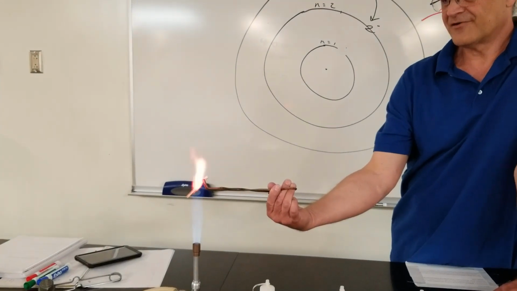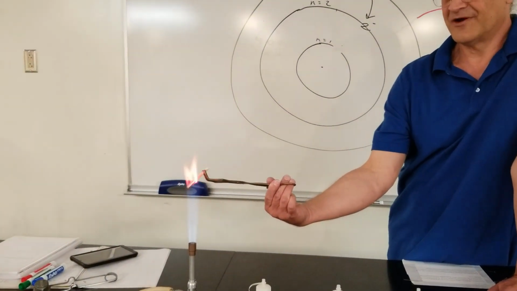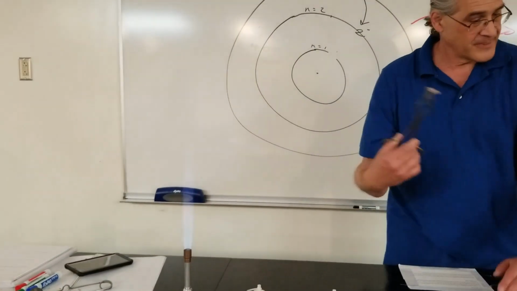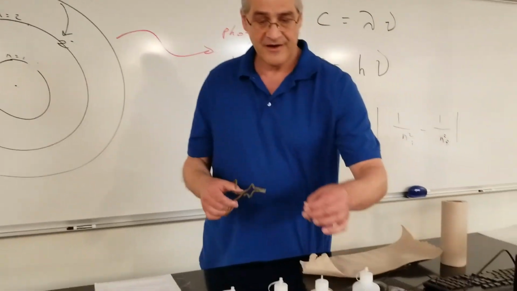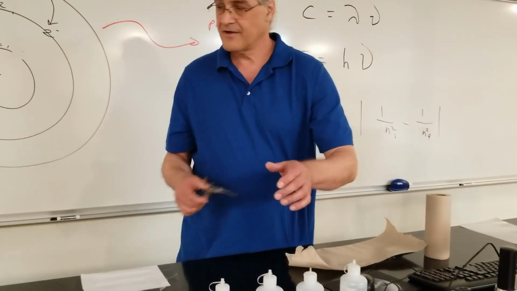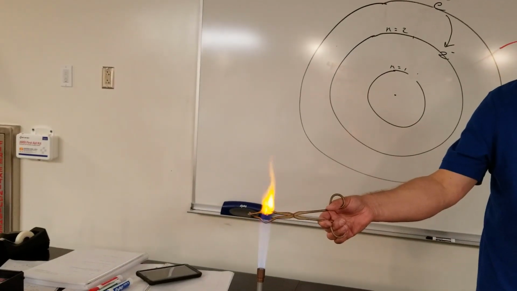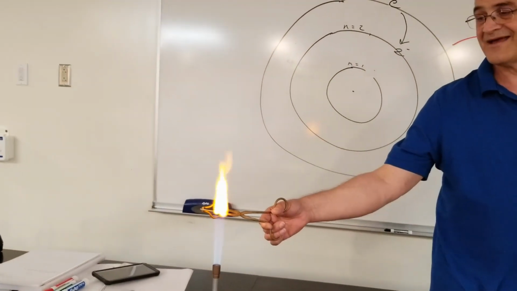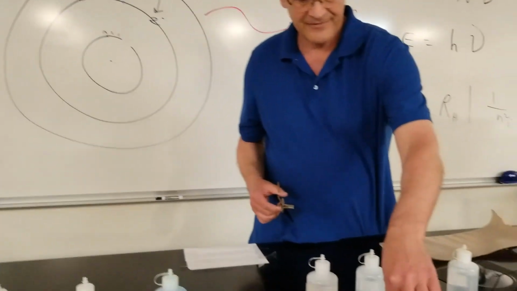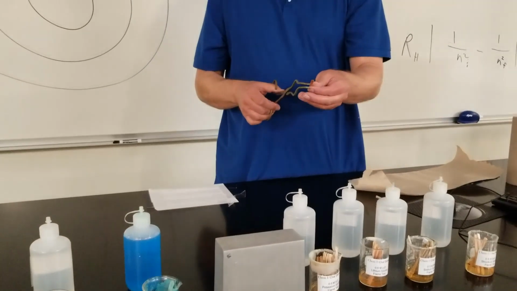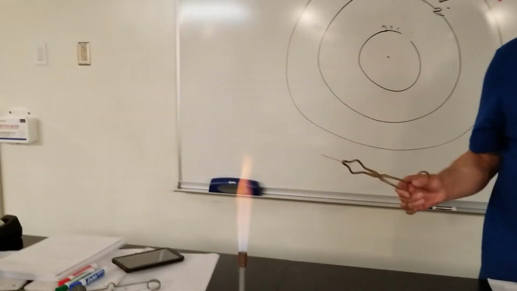There's a characteristic color of strontium when it's excited, which of course will be different than the characteristic color of sodium. Notice how sodium is more of that yellow. And of course we have lithium. Let's see what that looks like.